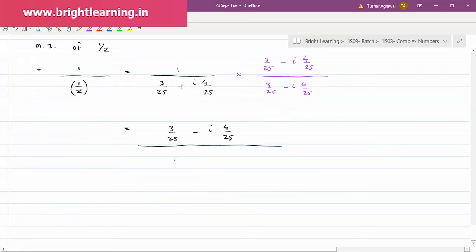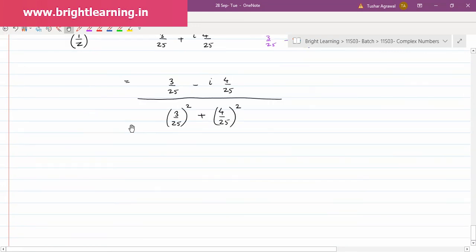and this will be given by 3 by 25 complete square plus 4 by 25 complete square. Yes or no, Pujita? Yes, sir. So here the answer will be 3 by 25 minus i times 4 by 25. Now the denominator, don't think so, I will take the actual squares.